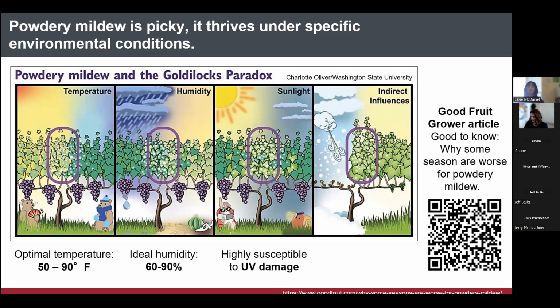So creating that canopy architecture, opening up that canopy, allowing light into the canopy helps. And then lastly, one indirect influence is cold damage, which creates excess shoot growth and then creates those perfect microclimates for mildew. Again, that link is there. It's a really neat article, and it goes into specific environments for powdery mildew.